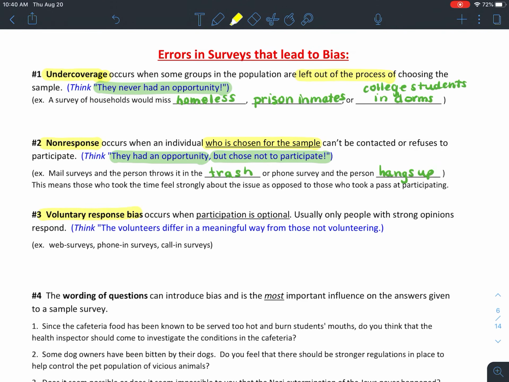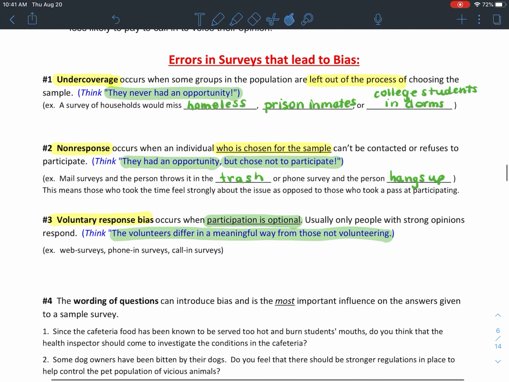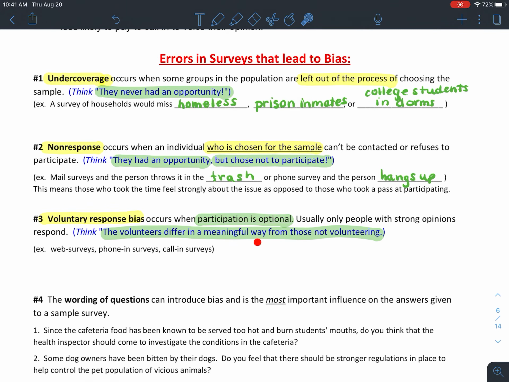This occurs when your participation is actually optional. Okay, usually only people who are feeling strongly about it participate. And so you want to think, okay, the volunteers are differing in some meaningful, substantial way from those who are choosing not to volunteer. Often this is when there's web surveys, phone-in surveys, call-in surveys, things like that.